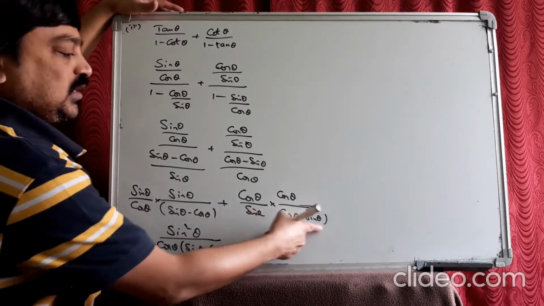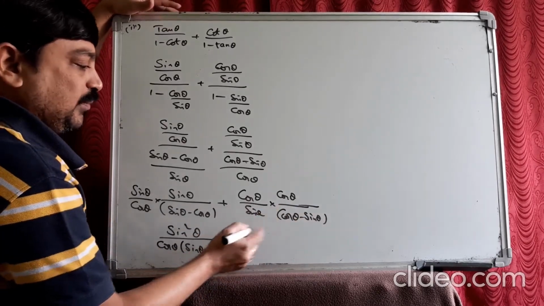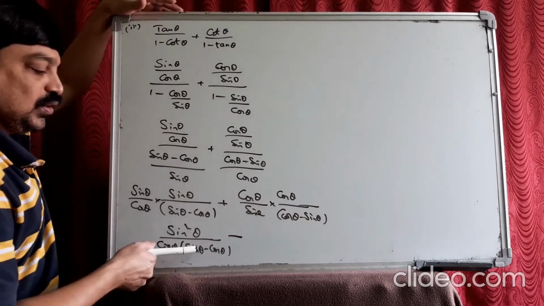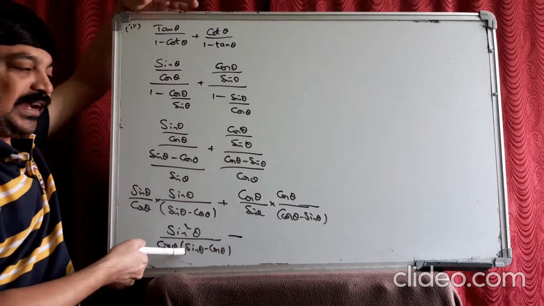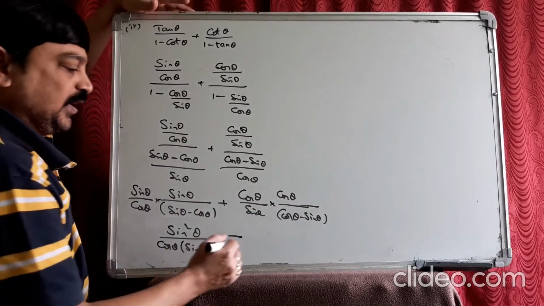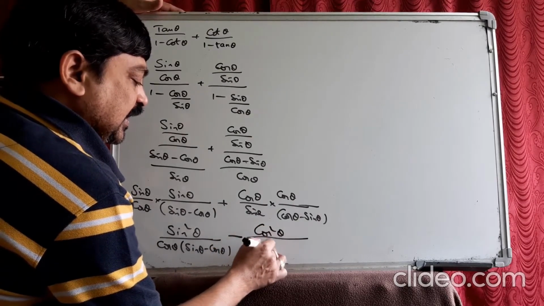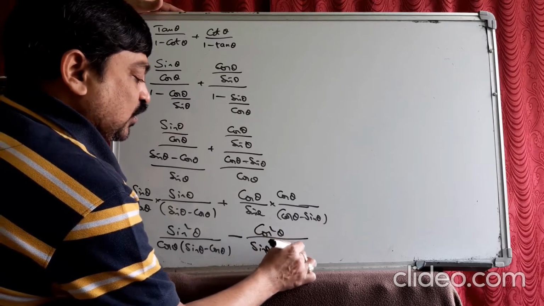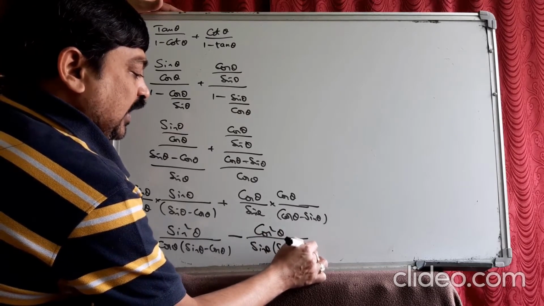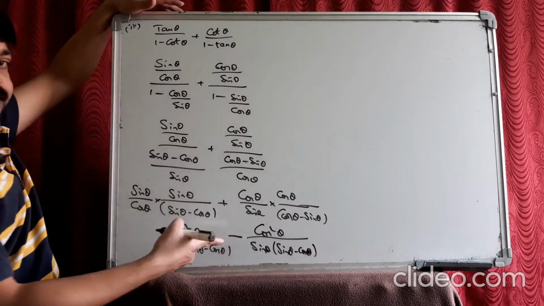But here it is cos theta minus sin theta, so I take minus common from here, so that the bracket in the denominator will become the same. So cos square theta by sin theta into (sin theta minus cos theta). I wrote like this because I took minus here.